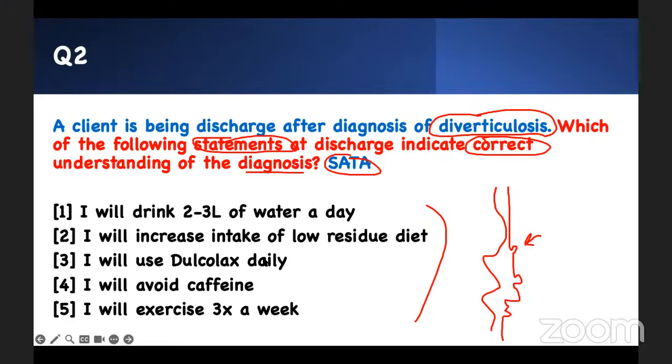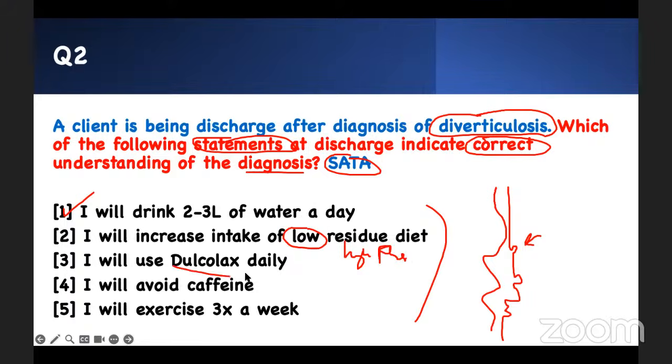I will exercise 3 times a week. What do you think? Which one is correct? I can tell you not all of them are correct. Not all of them meet the criteria. Drinking 2 to 3 liters of water a day is good to prevent constipation so that they don't strain. I will increase intake of a low residue diet? No. High fiber diet.